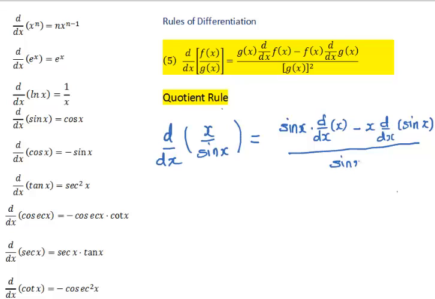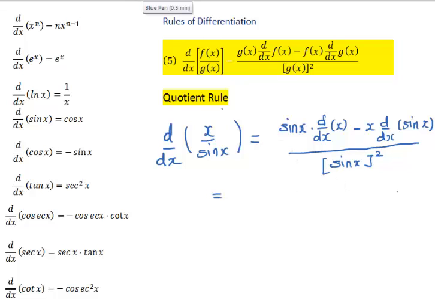So it will become sin x and then there is a square over here. Now you can use the elementary formula to proceed. We have sin x into d by dx of x, which would be sin x into 1 because differentiation of x is 1. Then x into differentiation of sin x. You can use this formula, differentiation of sin x is cos x. So here it will become x into cos x divided by sin square x.